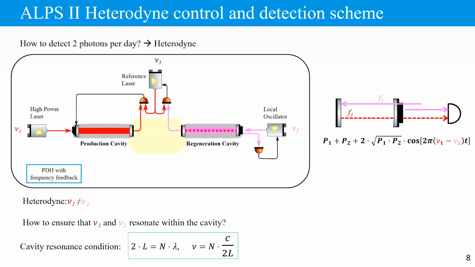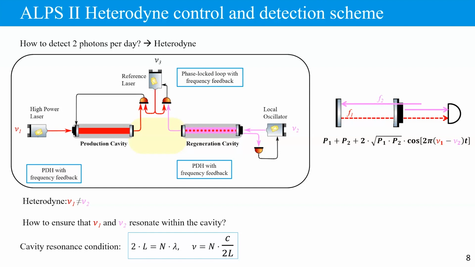And we use the so-called Pound-Drever-Hall locking technique to do that. And we do the same with the local oscillator on the other side. So we stabilize the frequency of the local oscillator with the Pound-Drever-Hall technique to the length of the regeneration cavity.